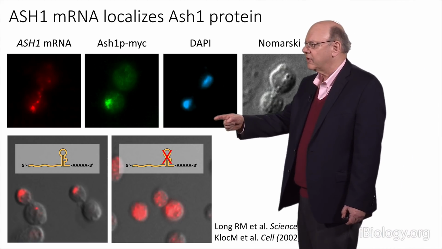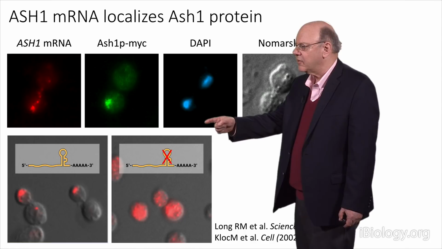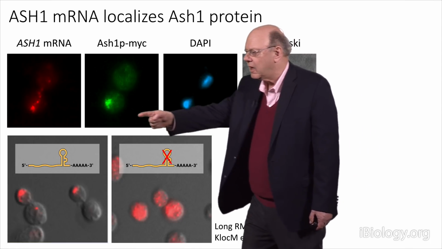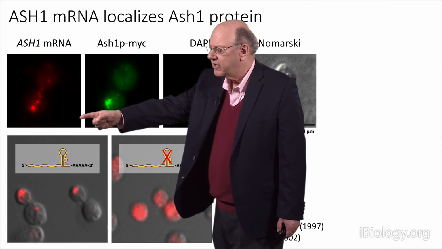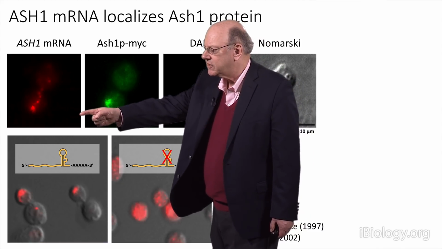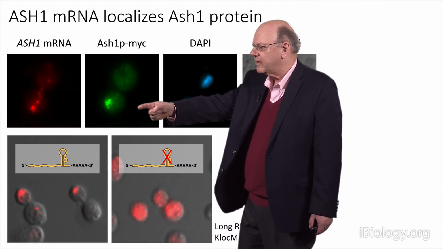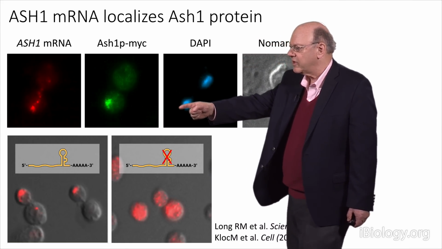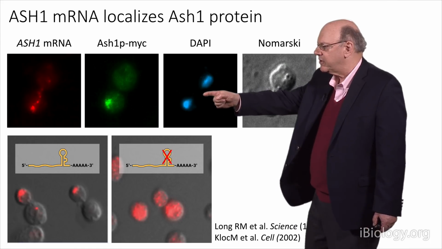Well, here are images of the RNA, just to remind you that this RNA is localized to the bud tip and makes the protein here that goes into the daughter nucleus. Here's the daughter nucleus. Here's the mother nucleus up here.